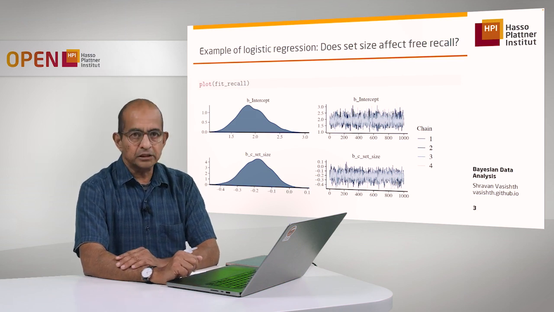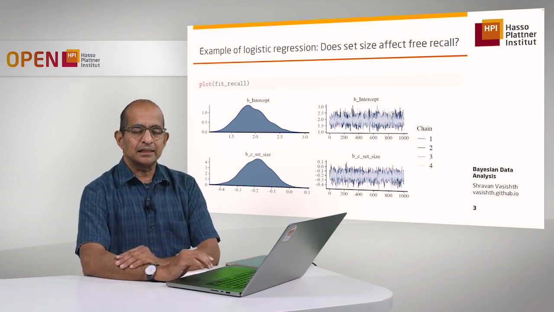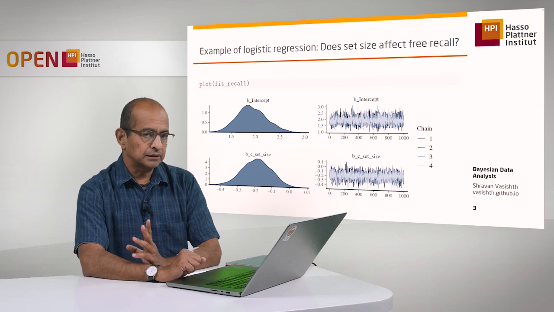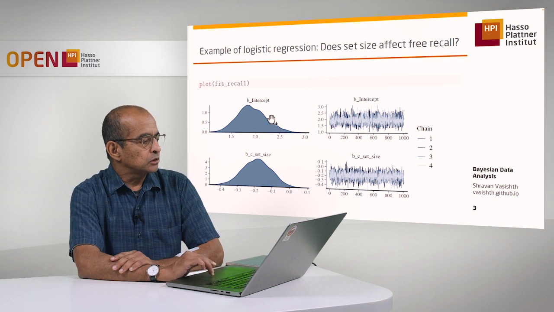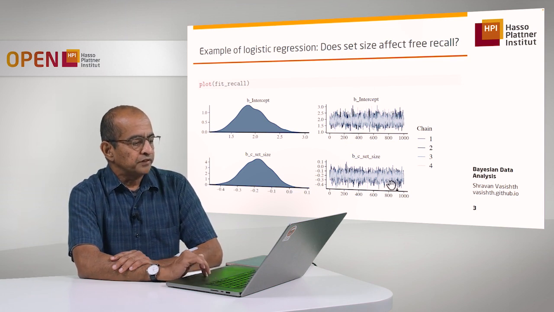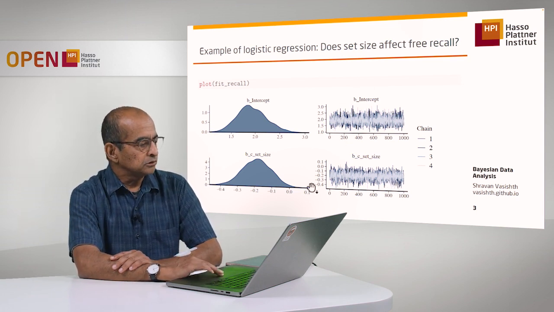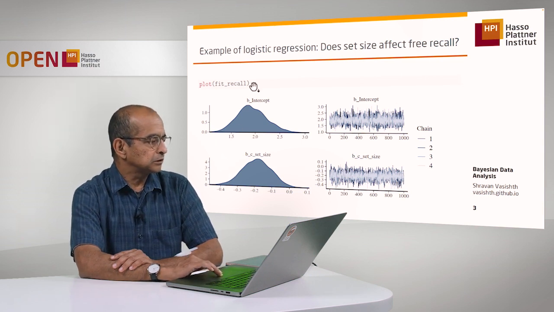So let's do that graphically, right? I always find it easier to understand the posteriors graphically rather than trying to look at the numbers. And so again, the fat hairy caterpillars are looking good, so I don't have to worry so much about any convergence problems here.